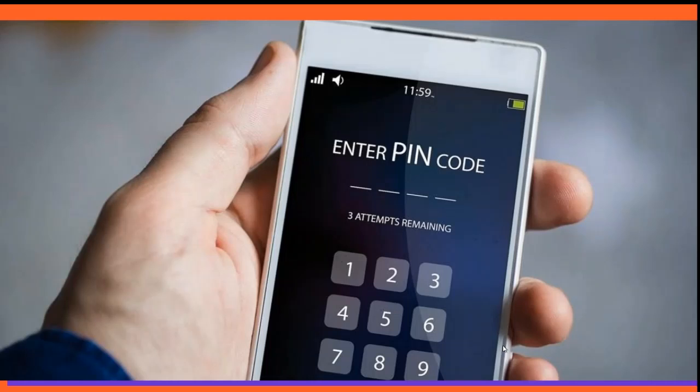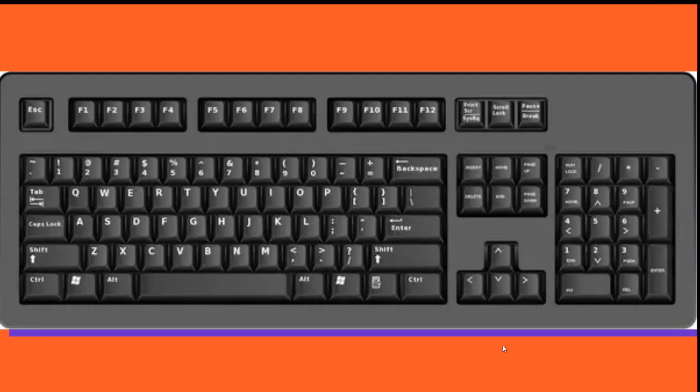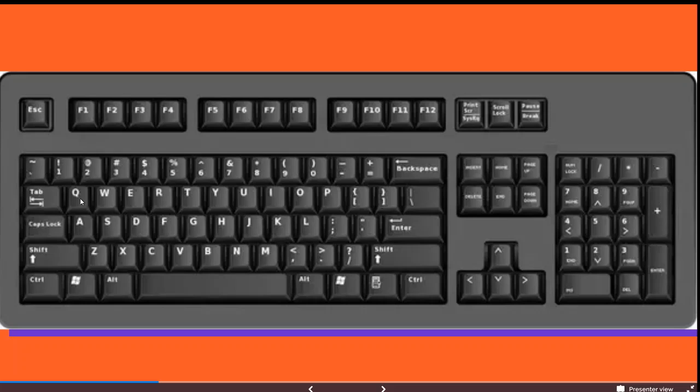Now let's go for another example. Your keyboard has a definite order in which the alphabets are kept. This order is called QWERTY, because the first six letters are QWERTY.